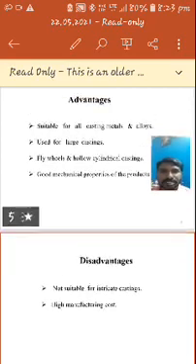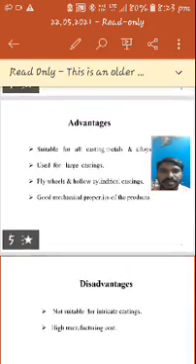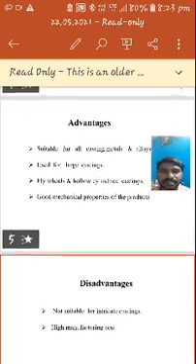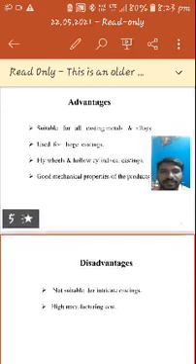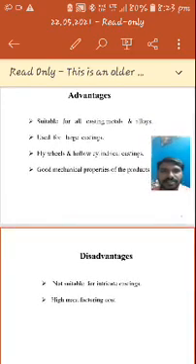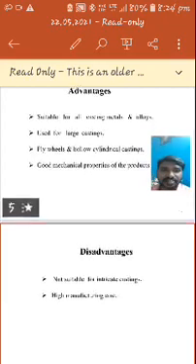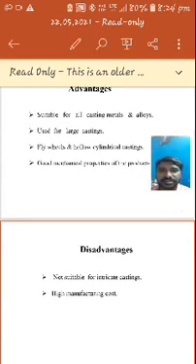A major advantage is that it is used for both metals and alloys. Generally flywheels and hollow cylindrical castings can be produced using centrifugal casting. These are the advantages.